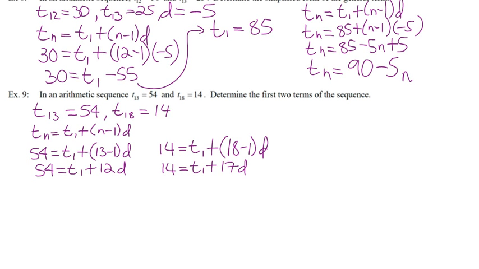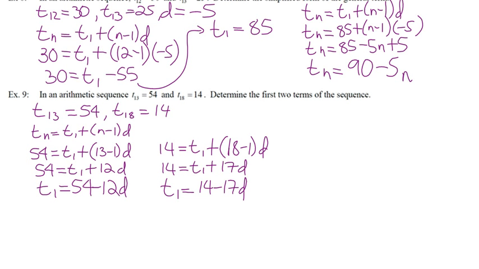All right, so we know T13, we know T18, right? We have expressions for both, and then what? Well, I could say that T1 is 54 minus 12D. And over here I could say that T1 is 14 minus 17D.